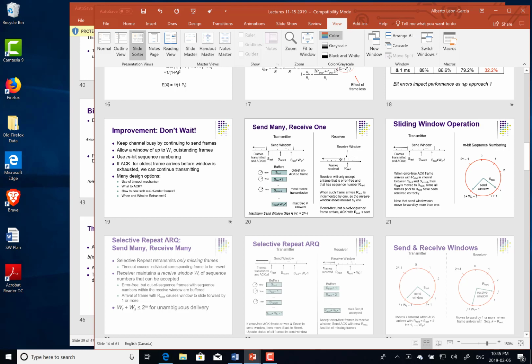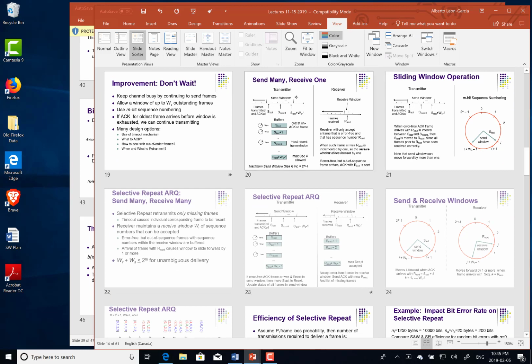It's only looking for a particular frame, which is denoted by R next. And the send side tracks the oldest frame that is yet to be acknowledged. So this guy's waiting to hear for that, and this guy's waiting to receive that.